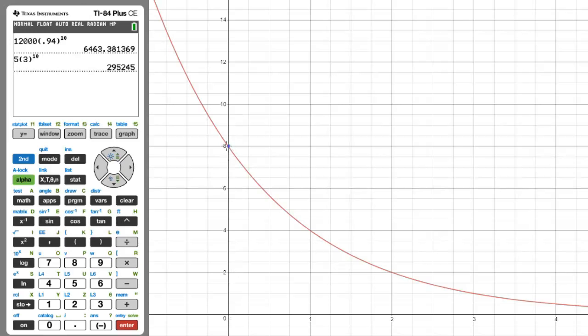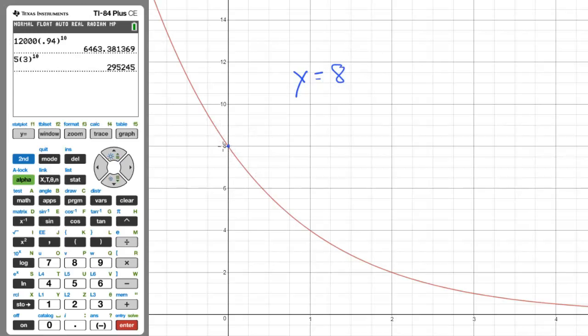So that means that our starting value is going to be 8. So the equation is going to be something along the lines of y equals 8 times some base to the power of x. So now we got to think, like, what number are we multiplying by each time?